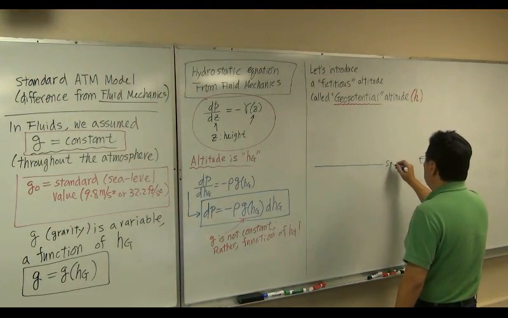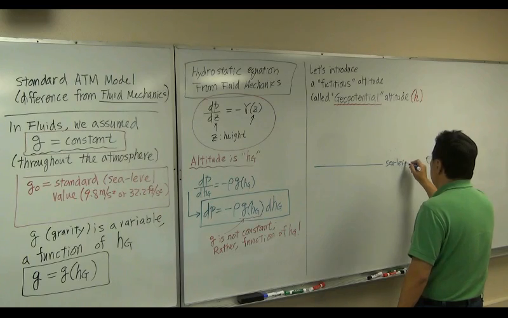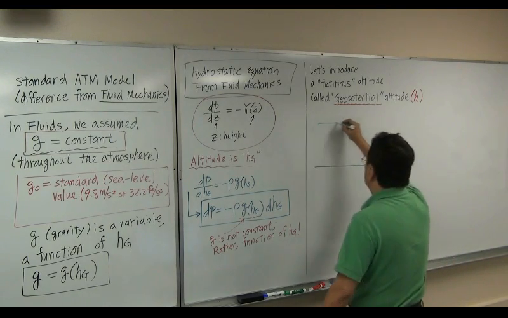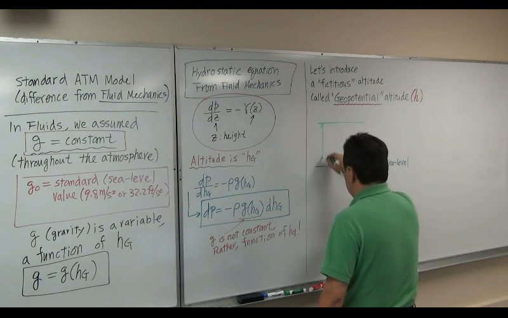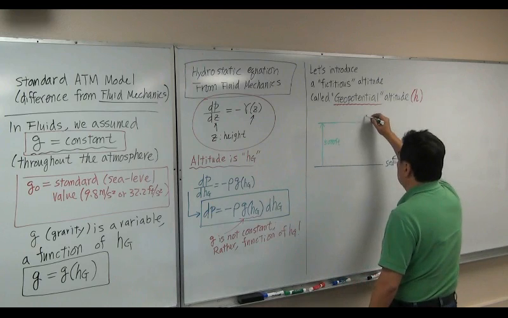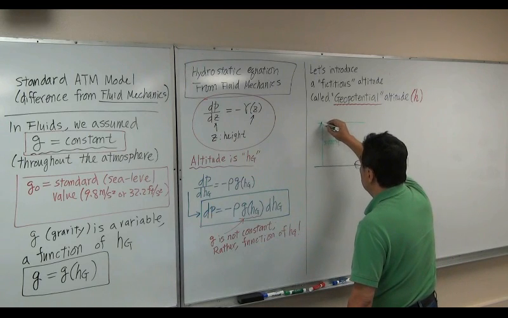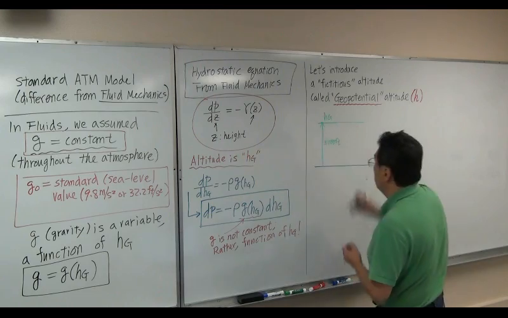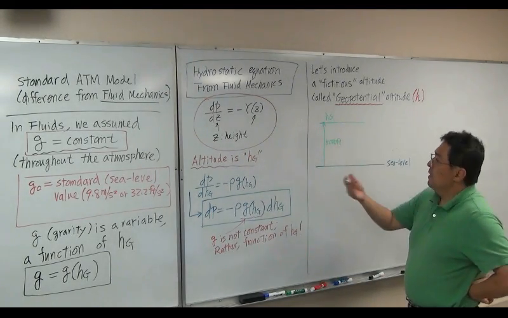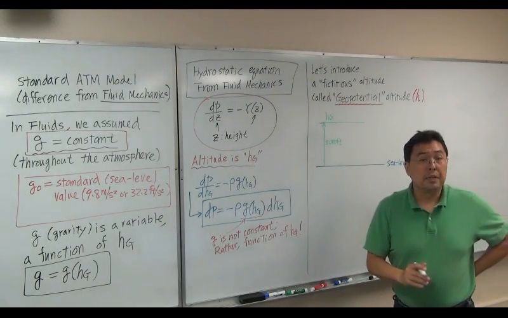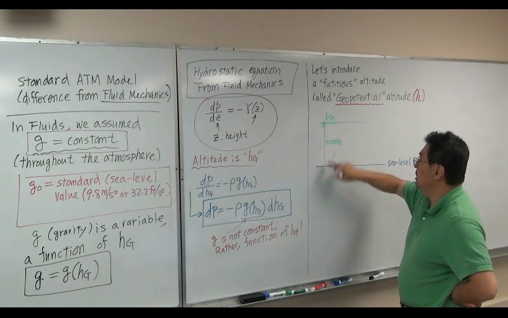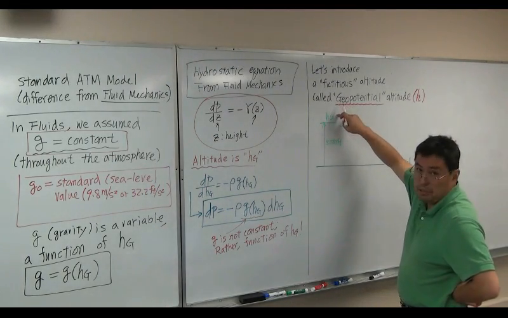So this is the sea level. This is 5,000 feet, for example. And then this is hg. So if somebody says altitude 5,000 feet, that literally means the distance of 5,000 feet measured from sea level to the location you call hg, right?